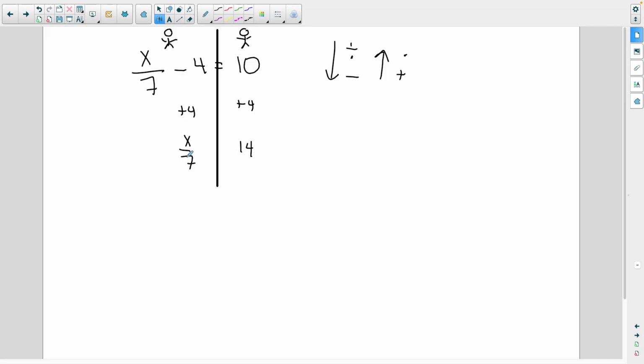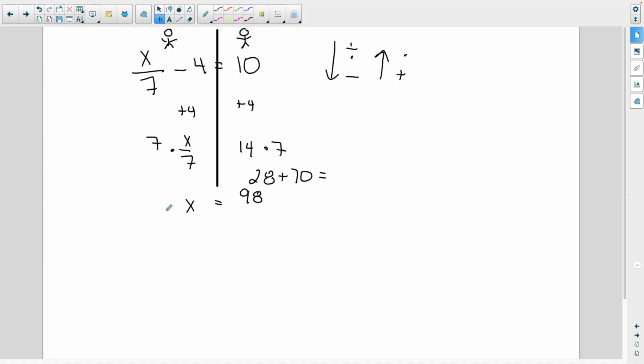And then the opposite of divide by 7 is multiply by 7. And x is going to equal, so let's think about this, 4 times 7 is 28, plus 7 times 10, which is 70. That is going to give us 98.